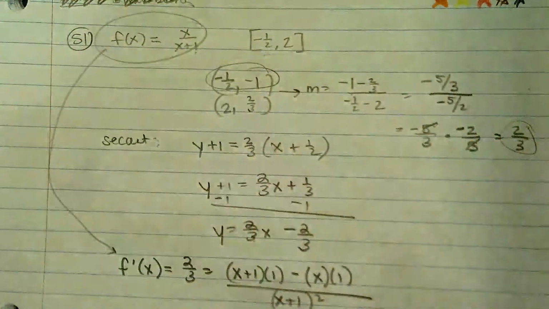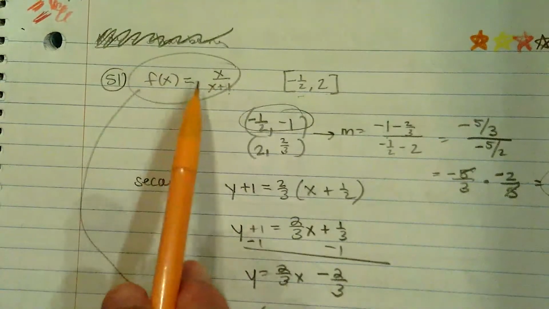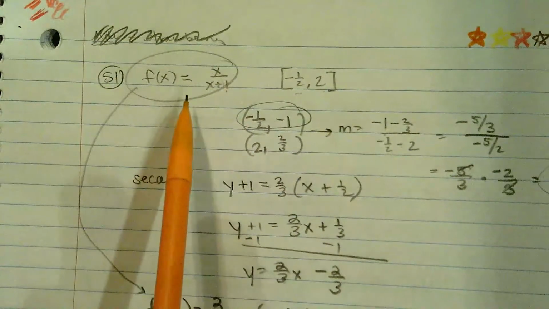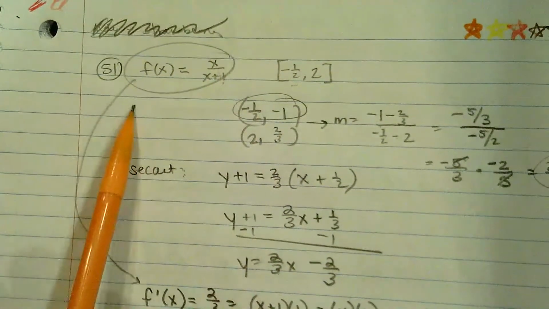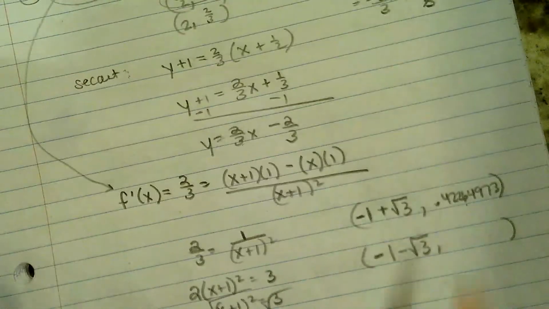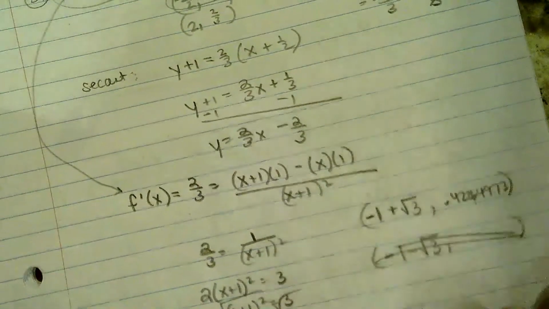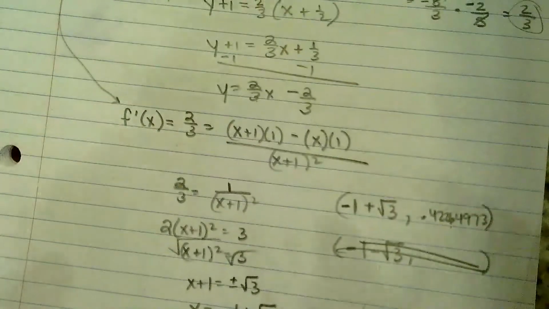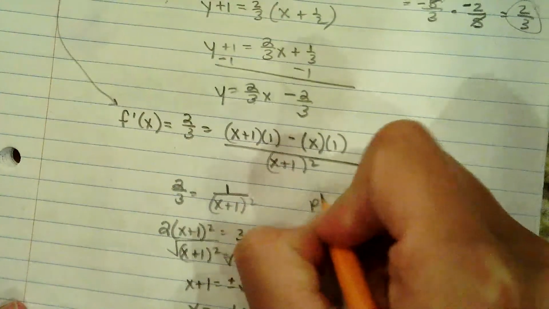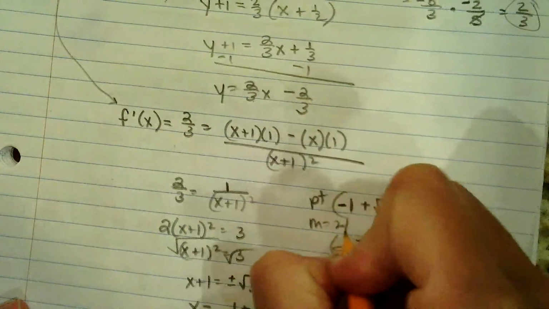So negative 2.7, although this function does have a slope of 2/3 at that point, we aren't going to look at it because it's not in the interval that this mean value theorem is looking at. So this is our point, and our slope is 2/3.